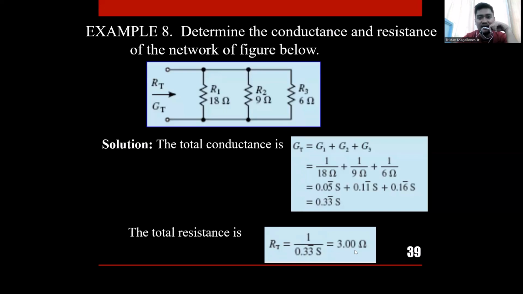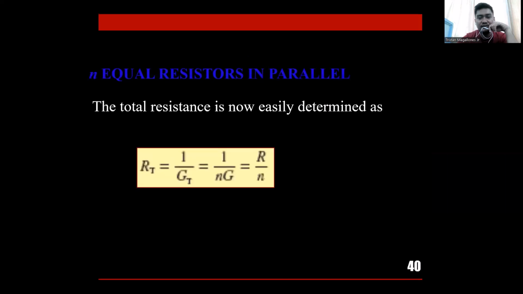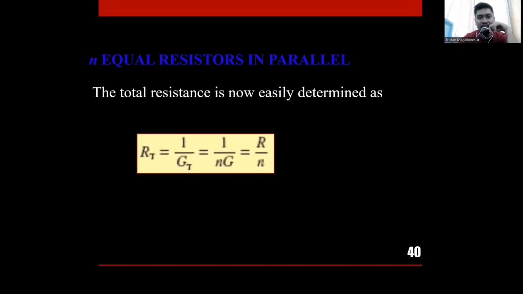So basically, that's how we solve the total resistance of a parallel circuit. If the resistors are equal in value, then the total is just equal to R over N. The RT here represents the total resistance, and 1 over GT is equal to 1 over NG, where N determines the number of parallel elements which have the same value, since these should be equal resistors.